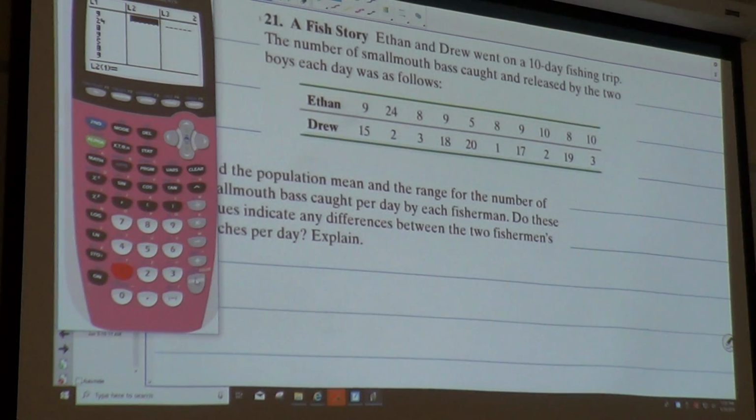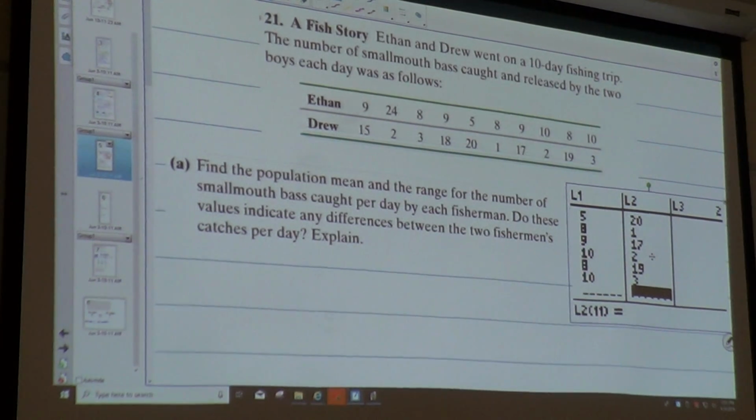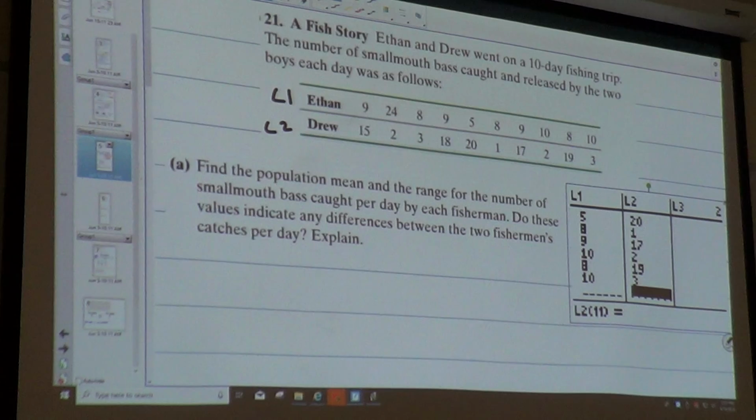And then I'm going to come over and type. You just hit the right button. So this is going to be my L1 and this is going to be my L2. And it doesn't matter how you put them in. I usually just put the first list in for L1 and the second list in for L2.